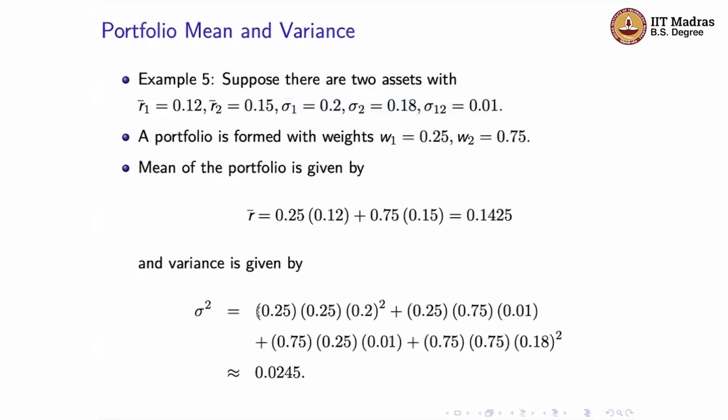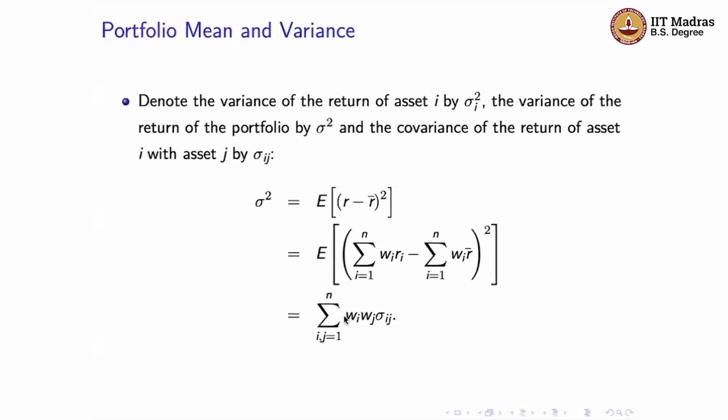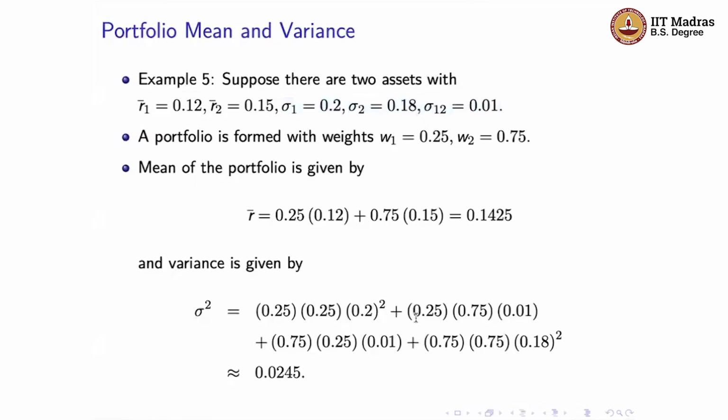In that case, the two weights are the same, 0.25, and we multiply that by sigma 1 square, and so you see here the 0.2 square. The second term would be when you have i equal to 1, j equal to 2. So you end up getting 0.25 multiplied by 0.75, those are the two weights, and you multiply it by the covariance, which is given by this 0.01. Okay, so that's how we get this term.